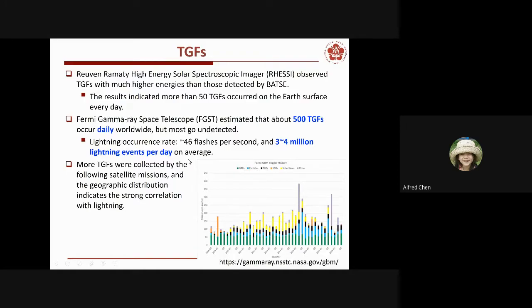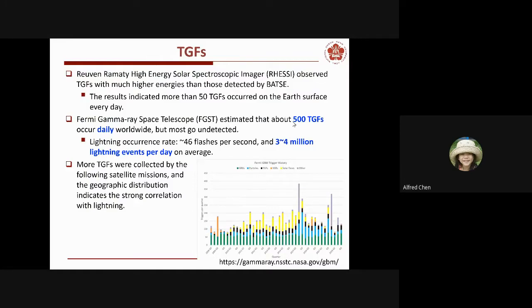And I have to also mention that this 500 terrestrial gamma ray flashes per day is indeed a very low rate compared with lightning. Now we know the lightning occurrence rate is about 46 flashes per second globally, and that means we will have 3 to 4 million lightning events per day on average.